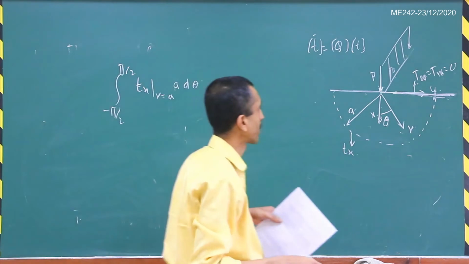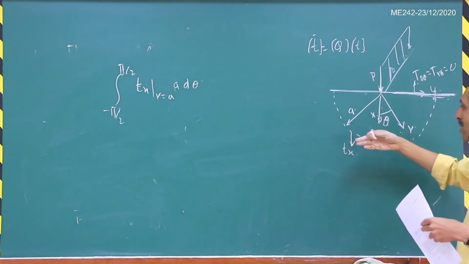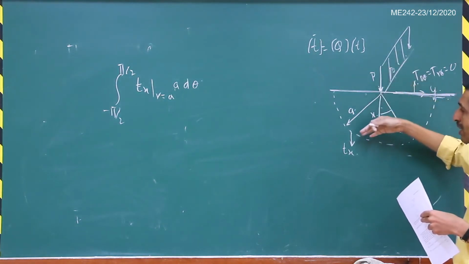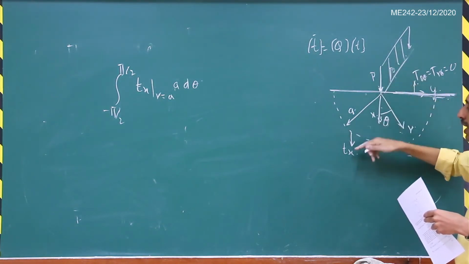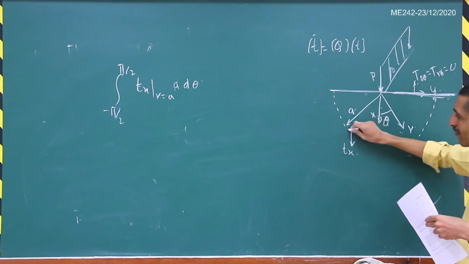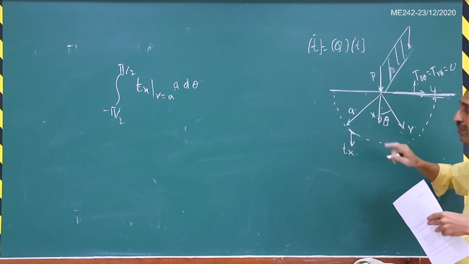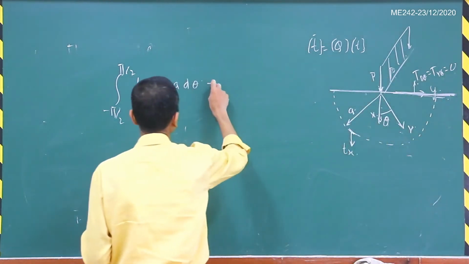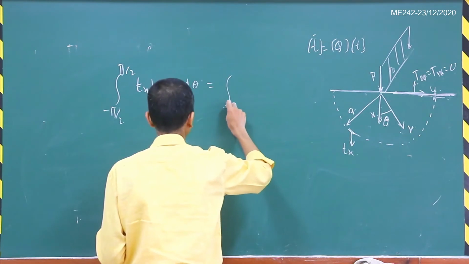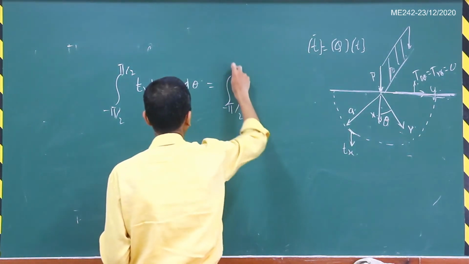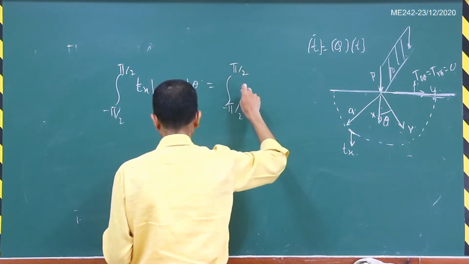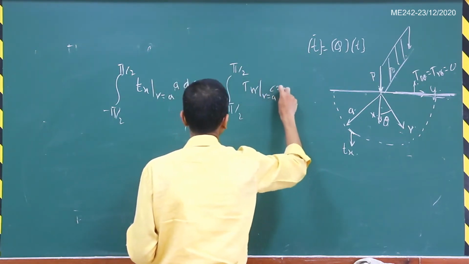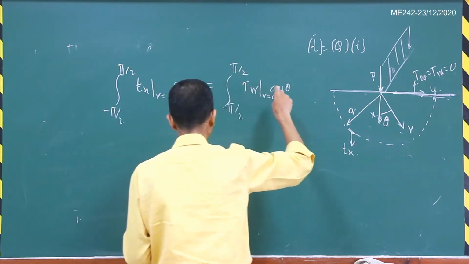Again take a unit width, because for the force also we will do the same thing. dx times a times d theta gives you the element of area, and so dx times a times d theta should be equal to the integral from minus pi by 2 to pi by 2 of tau r at r equal to a, times cos theta, times a times d theta.